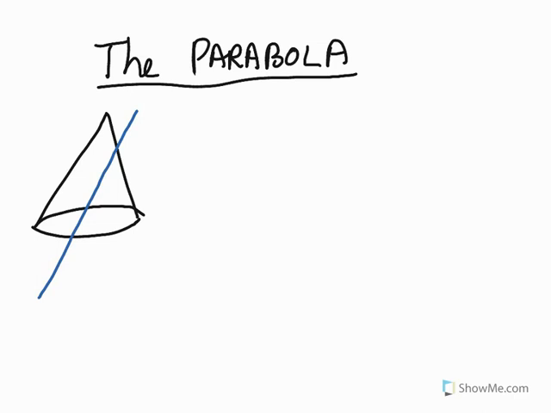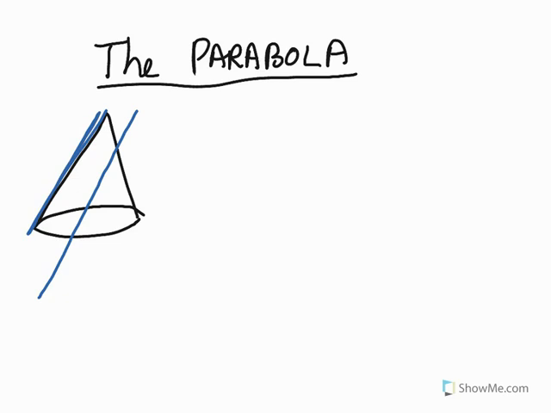Alright, parabola is something that we are already familiar with, and parabola is a conic section, and you get a parabola if you slice your cone so that the slice you make is parallel to that edge there.